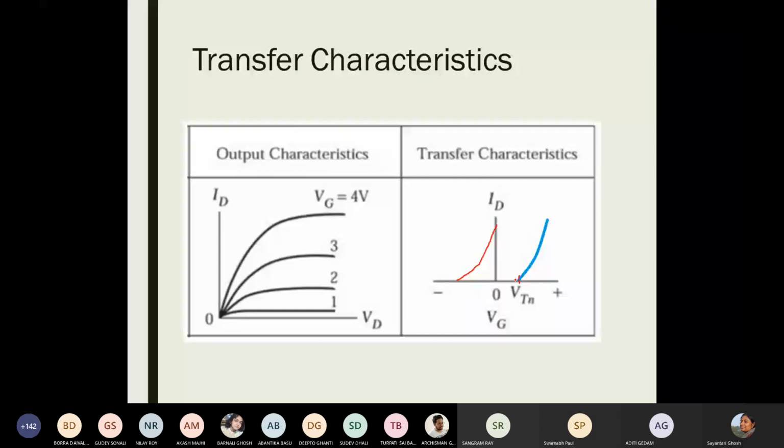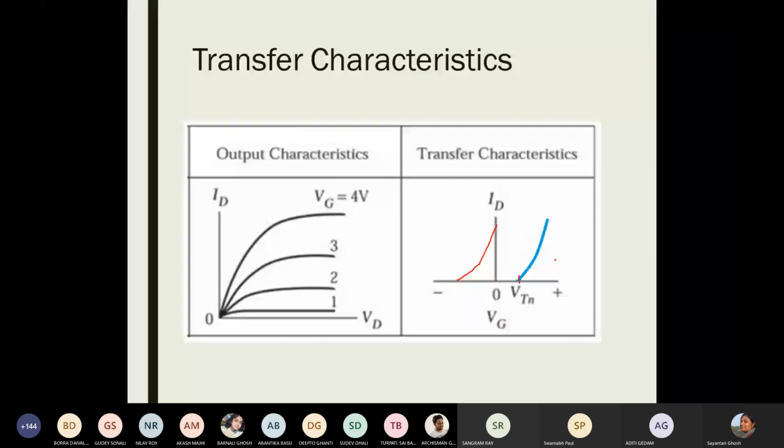So we extend these curves backward, and we have a curve that grows and touches the x-axis at V threshold. If you found a curve like this blue curve, your transfer characteristics was right. If you found something else, try to correct it, because the curve we are looking for should look like this. This is the transfer characteristics of the n-channel enhancement type MOSFET.